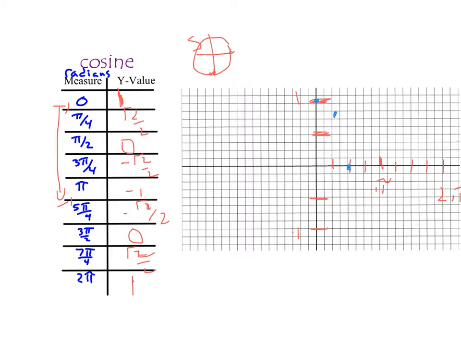So negative 0.7 is around here, and then negative 1 for pi, which would be here. And then you complete the cycle by ascending upwards. And then the last one would be 2 pi comma 1, which would be up here. Now this cycle looks a little different, but it has a similar feel to it. If I continued in the negative direction, I'd have basically the same pattern. That's a cosine graph.